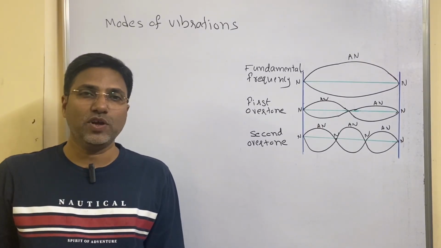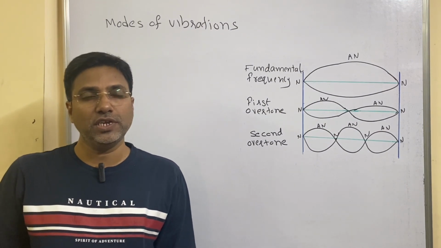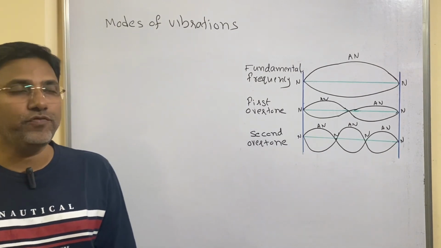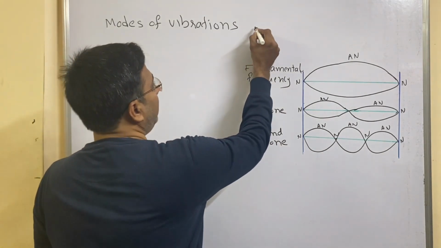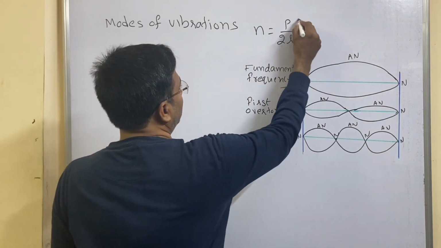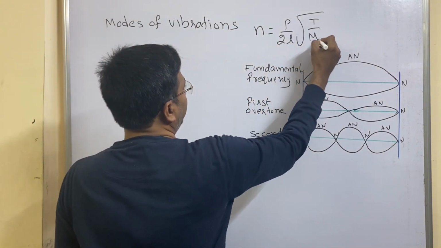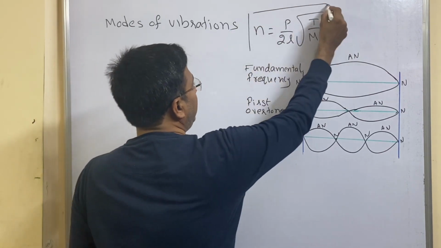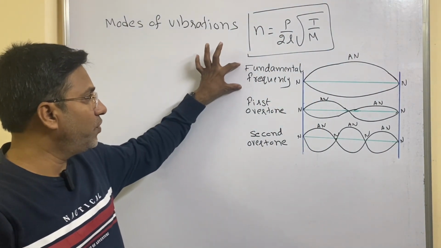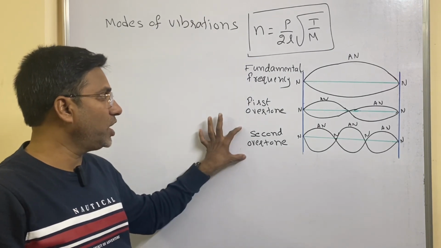Let us see the last part of the question. We have to derive the equations of frequencies in different modes. For this, we have to know the basic formula of frequency, that is n equal to p by 2L under root T by m. If you remember this formula, then easily we can derive the equations for different modes, that is fundamental frequency, first overtone, second overtone.